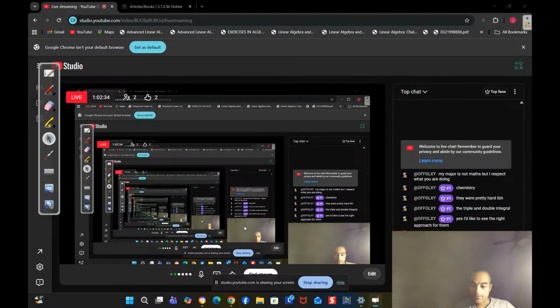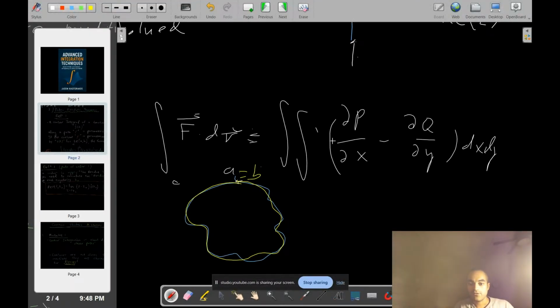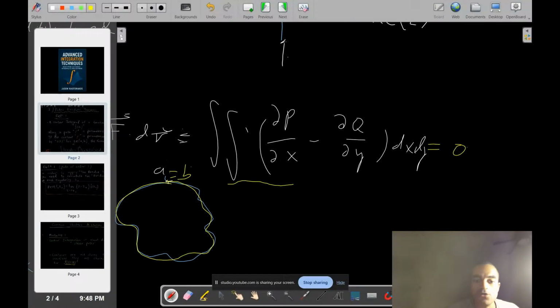So that was an example of a parameterization of a line integral, and a line integral is equal to a double integral. This is an example where you can have a double integral being 0. If the parameterization of your line integral of F dot dr starts from point A and goes back to point B, that would be a loop, so the line integral will be 0.